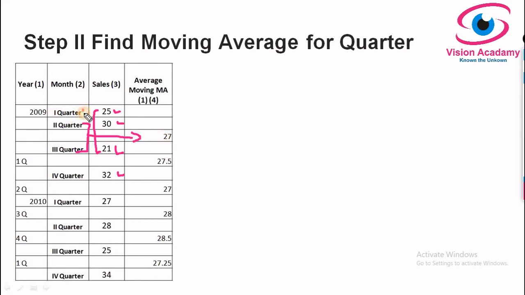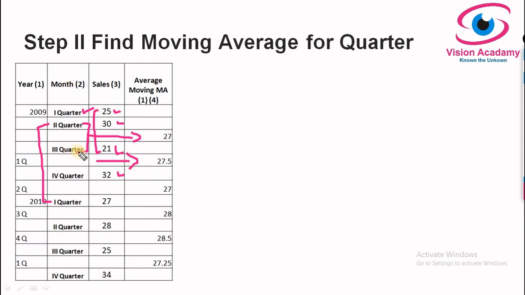Now I have to discard the first quarter for calculation of the second moving average. I need to consider the second quarter, third quarter, fourth quarter and first quarter of 2010. Since we have 4 observations, we need to enter the data in the middle, between the third and fourth quarter. So we have calculated 30, 21, 32, 27 divided by 4, and inserted that between the third and fourth quarter, because we have discarded the first quarter.